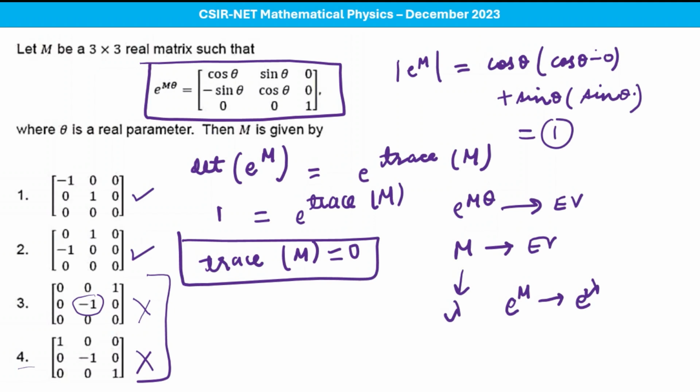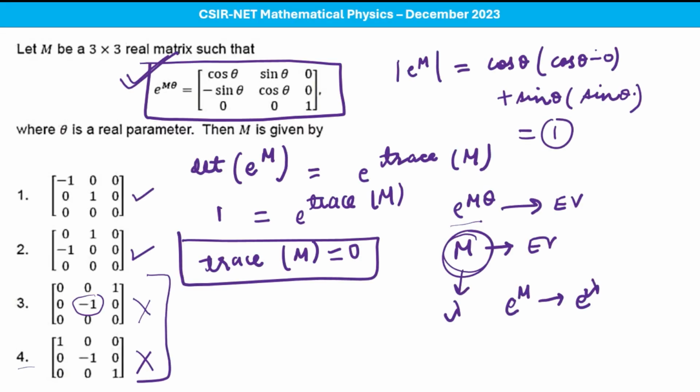So I can get the eigenvalues for e raised to power M using matrix M. Then I will compare the eigenvalues which I got from this original matrix and the eigenvalues which I got using matrix M. If they are same, then it will be the answer. First, I will find eigenvalues for the original matrix e raised to power M theta.